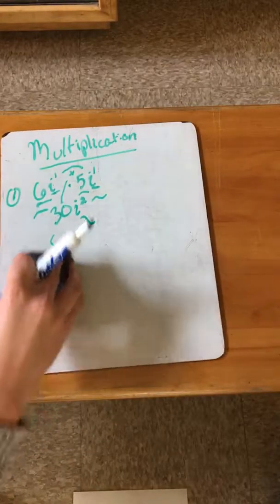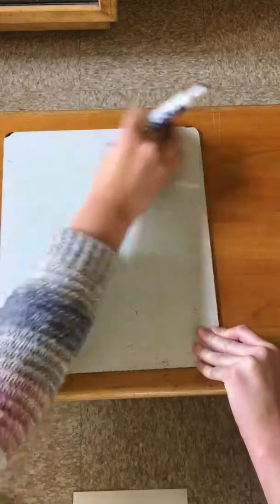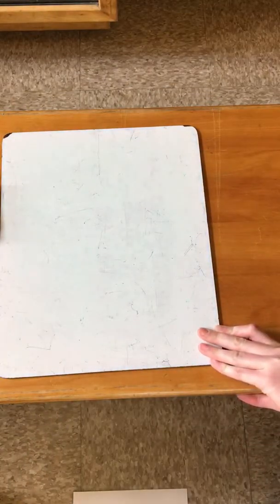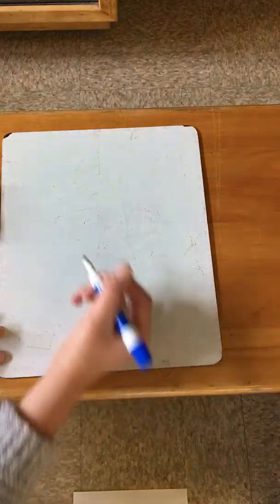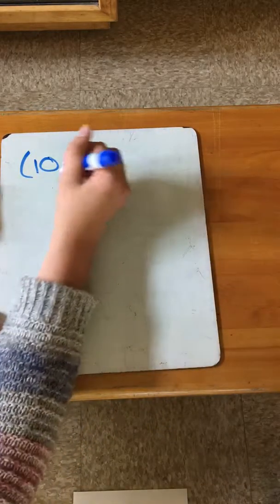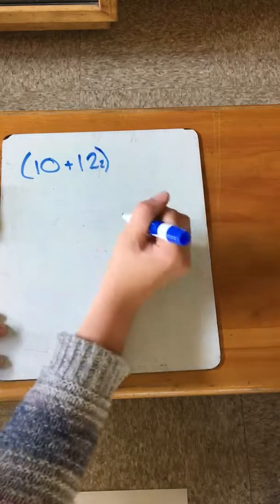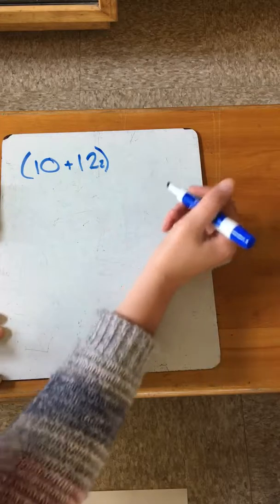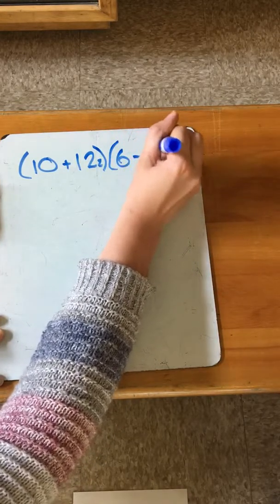Now let's move on to our second example, which is going to be still multiplication, and it's going to be with binomials. Now let's say both binomials are going to have i's in them. So 10 plus 12i times 6 minus 3i.